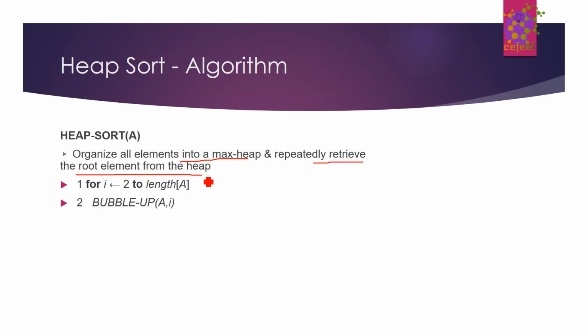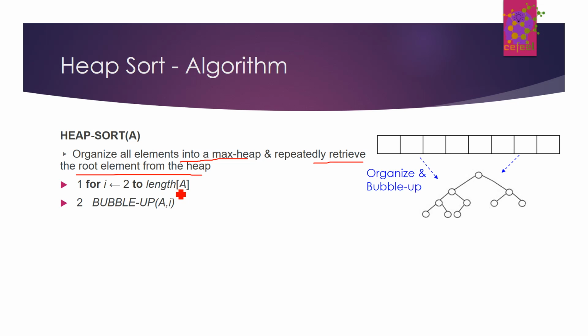So here is the first step. Now the first step, where we need to insert the element into the heap, we start a loop which is for i equals 2 to length of A, which means here is the given array. For every element in the array, we just add it to the heap, which means we call bubble up on A[i] for every element in the array.